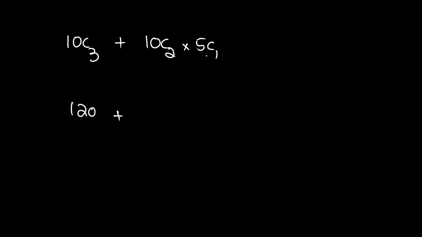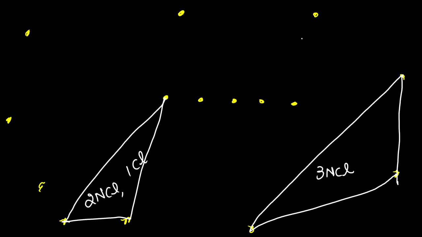10C2 into 5C1 will give 225. I need how many points in total for a triangle? 3 points. Take 3 directly from non-collinear, or 2 from non-collinear and 1 from collinear. Next, 1 from non-collinear and 2 from collinear.